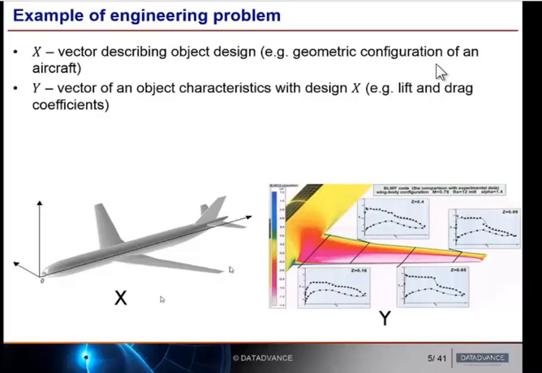And the goal here is to find object with optimal characteristics, or possibly to explore some behavior of this unknown rule. Well, each calculation of such rule can be expensive, such as experiment in wind tunnel, or time-consuming.